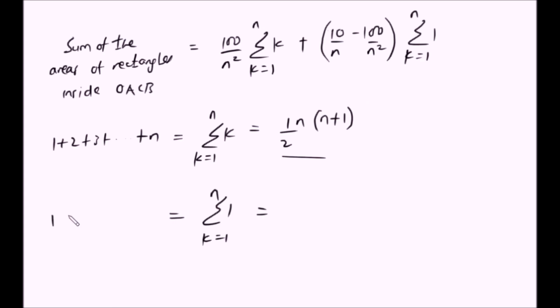Hii ambayo ni 1 plus 1 plus 1 plus 1. Ziko n jumla, okay? Sasa nachukua n times 1 tu, okay? So ni n. So 1 1 1. So ona zikiwa 2 itakuwa 2, zikiwa 3 3, maana zikiwa n ni n. Zikiwa 3 1 jumlisha 1 jumlisha 1 ni 3. So this now. So the sum, maana sasa badala kuandika ile sigma notation, I'm going to write this expression here.